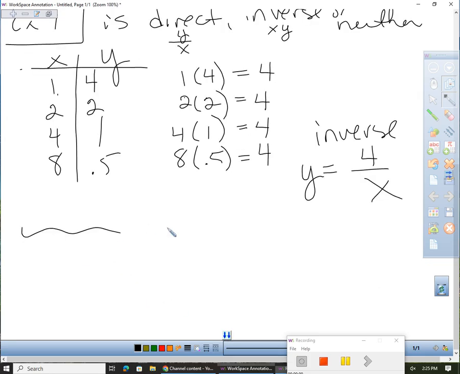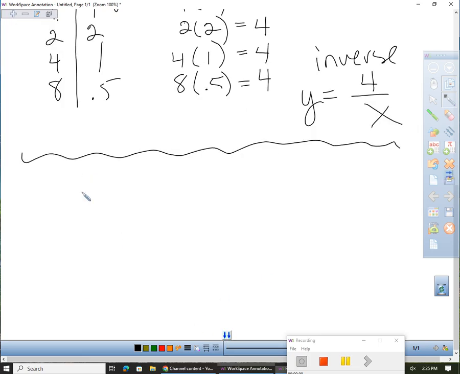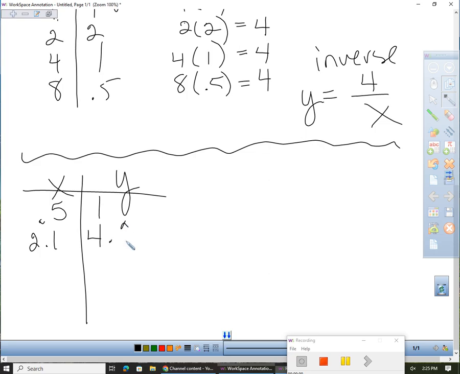All right, real quick, we're going to do one more. Let's do this one. X, y. Let's go with 0.5 and 1. 2.1 and 4.2. 3.5 and 7.